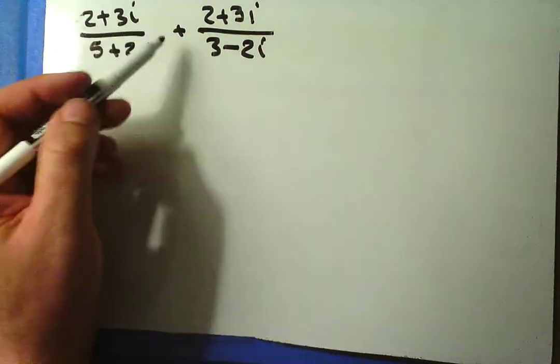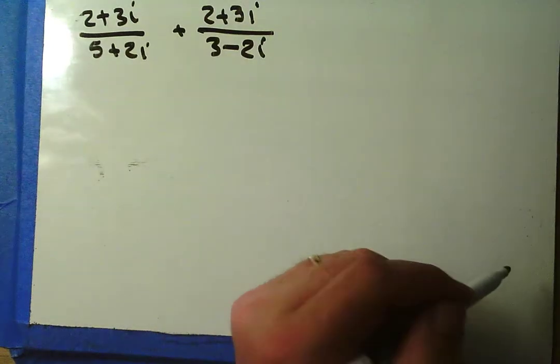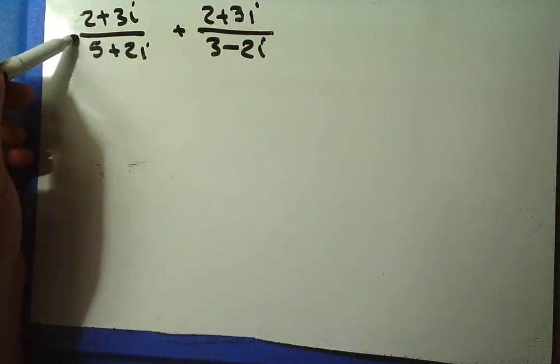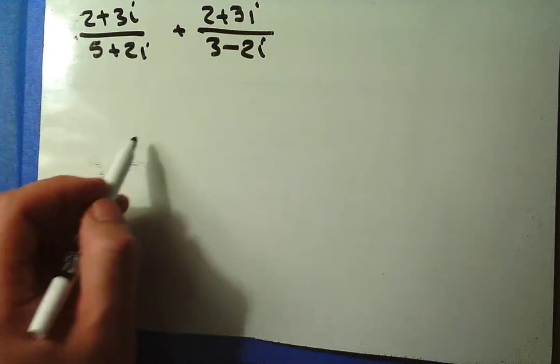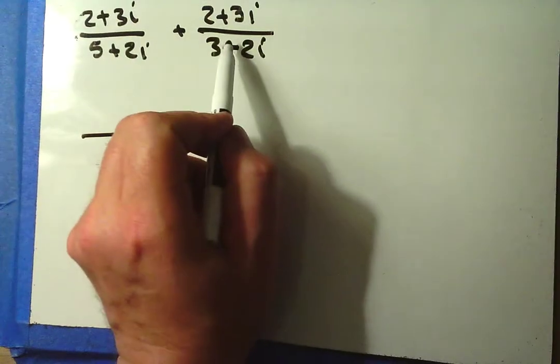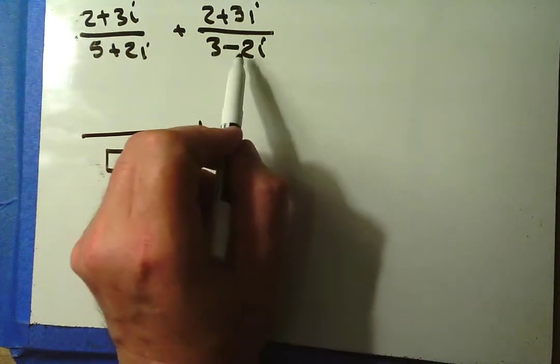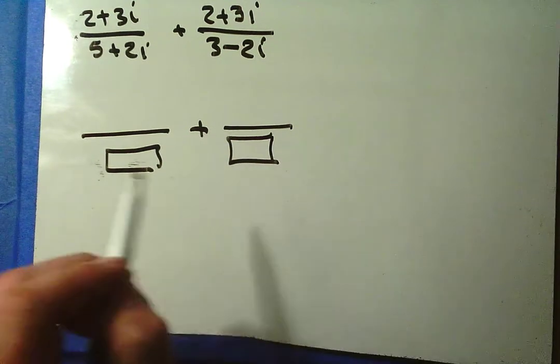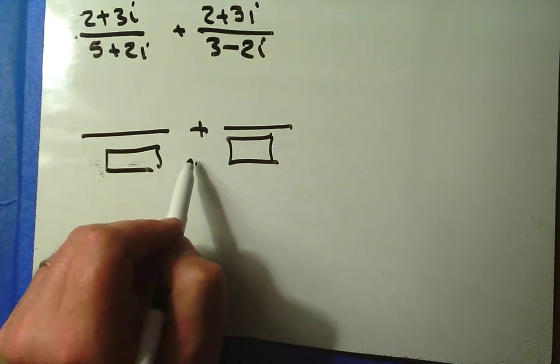Look, a fraction plus a fraction. So there are two ways you can do this. One is you could rationalize here, and then you'd get one real number. And you could rationalize here with its complex conjugate, and you get one real number. And then you'd make a common denominator.